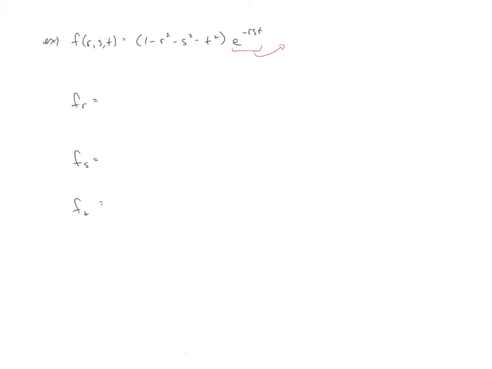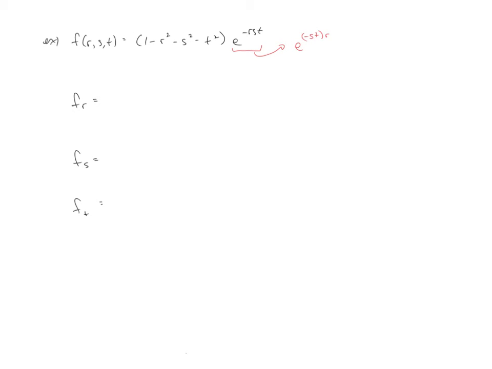For example, if r is going to be my variable, but s and t are going to be constants, I might write it like this, which doesn't represent anything differently, but shows it differently so that I can treat this quantity right here as a constant.